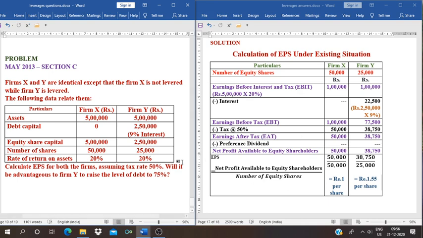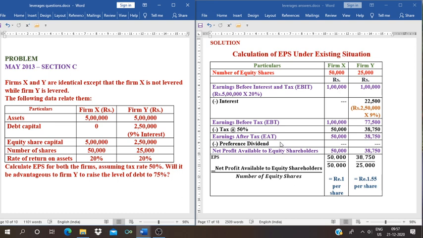Less tax. The tax rate given is 50%. At the tax rate of 50% we deduct from the EBT, that is 50,000 and 38,750 for firm X and Y. After deducting tax from the EBT, we get EAT: for firm X 50,000 and for firm Y 38,750.